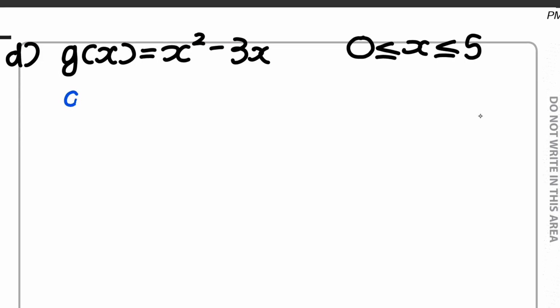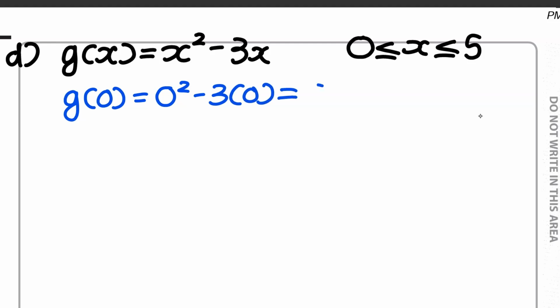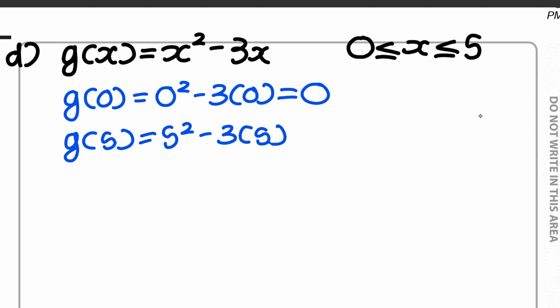So if we find g of 0, so this is going to be 0 squared minus 3 times 0, this is going to be equal to 0, so that's g of 0. And then if we find g of 5, so this is going to be 5 squared minus 3 times 5, which we put into your calculator, is equal to 10. So therefore this is the smallest value, and this is the biggest value, and this is the range.